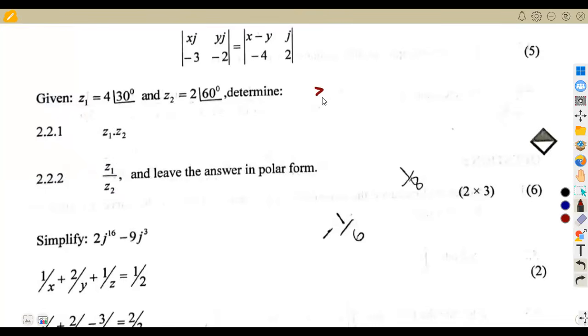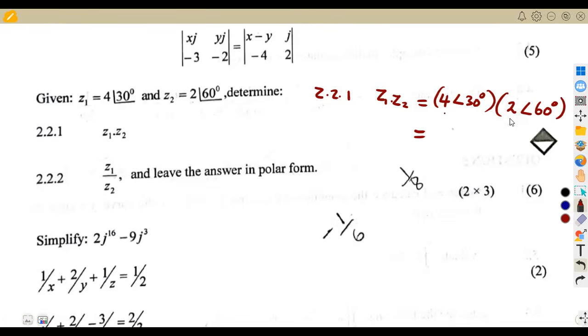You can even answer it here, 2.21. So Z1 times Z2 means we are going to multiply our Z1, which is 4, angle of 30 degrees, by Z2, which is 2, angle of 60 degrees.